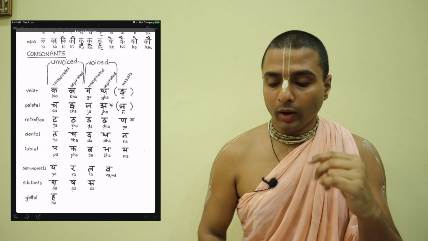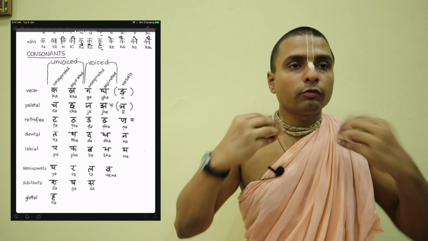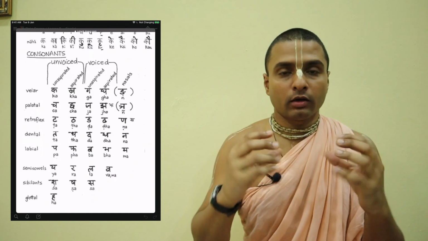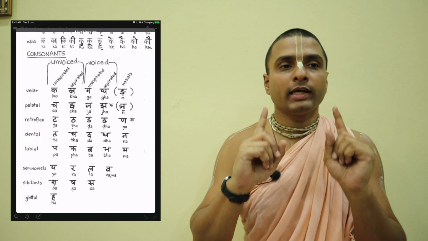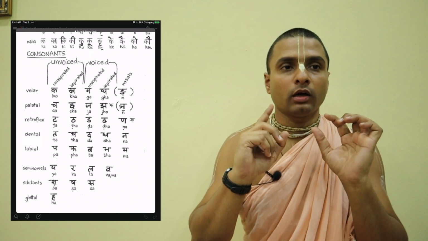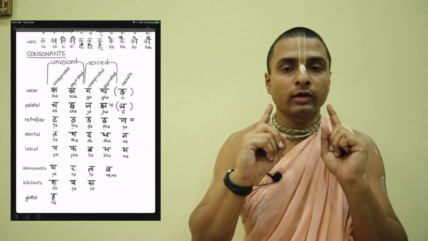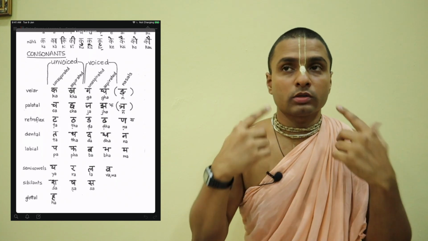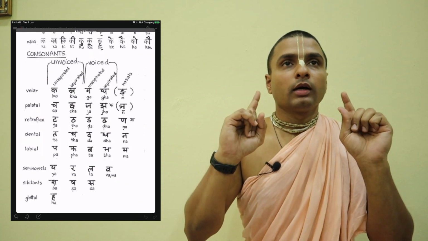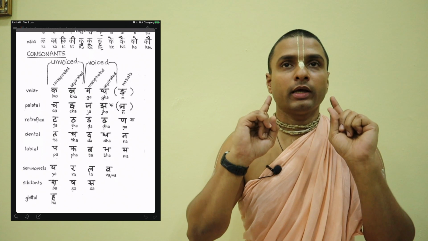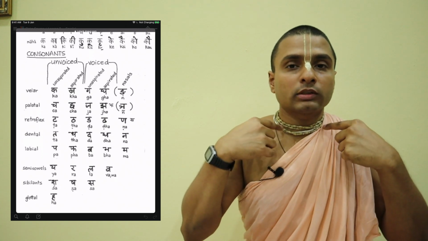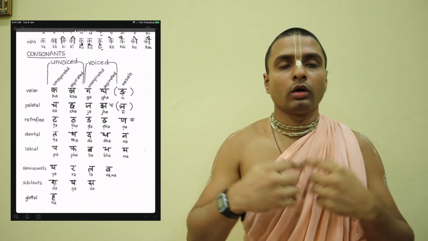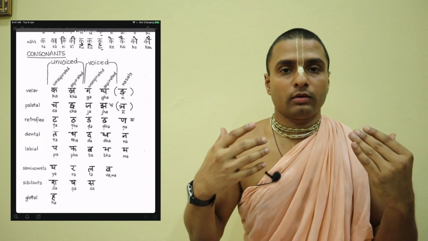Ka, and then now aspirated. Aspirated means when you force a breath of air. So ka, when you hold it there without releasing, you can't produce any sound because it's just blocking the sound. But now keep it there and force some air from the throat. So that will become kha.